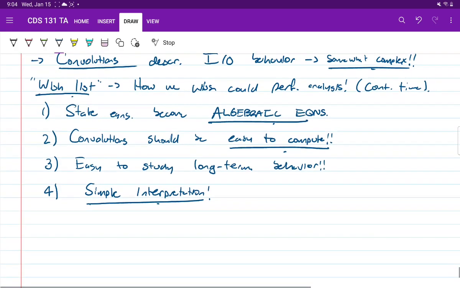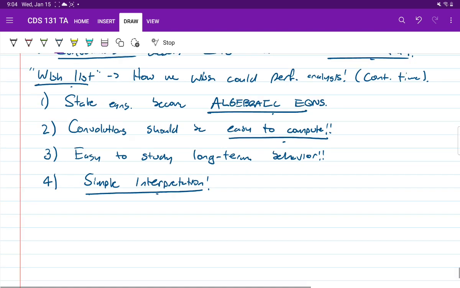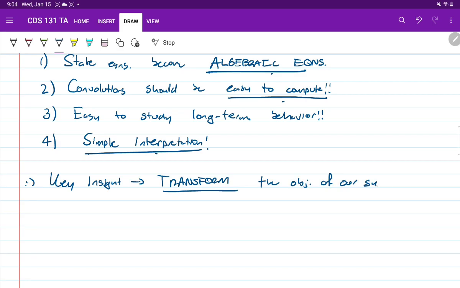So what we want to figure out is how we can transform our system into something that satisfies these four properties. The key insight is that we can transform the objects of our system into the complex plane.